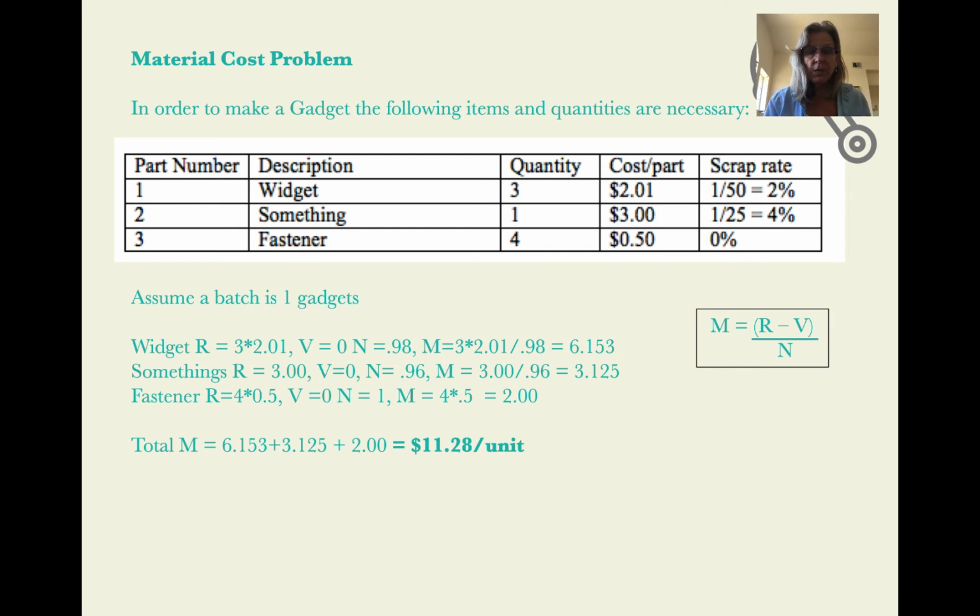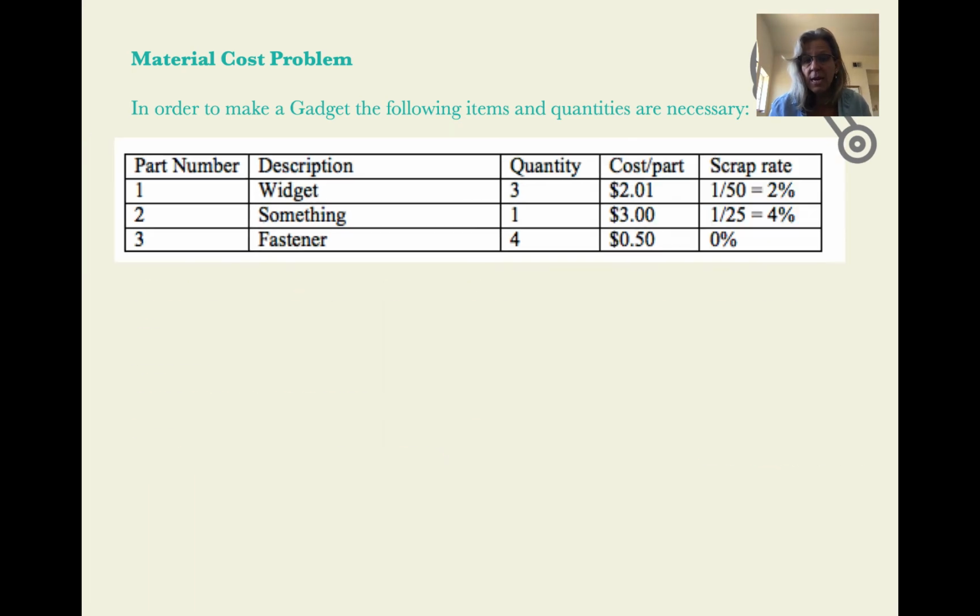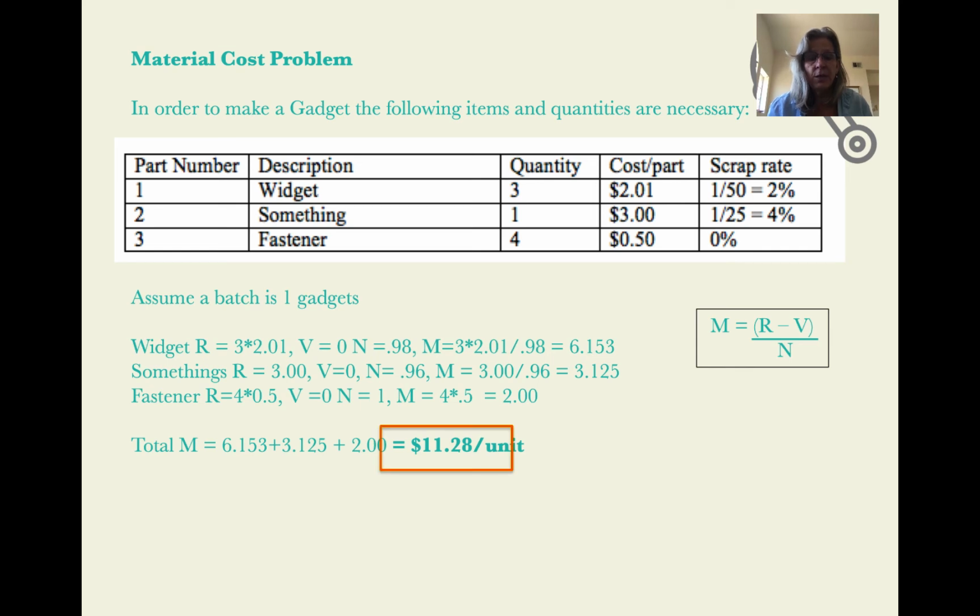So you can see somethings was also adjusted by dividing by 0.96. But fasteners, we didn't have to do that because there's no defects in that. So the total M value is now 11.28. If we remember before, we had 11.03, so now we've increased this to 11.28.